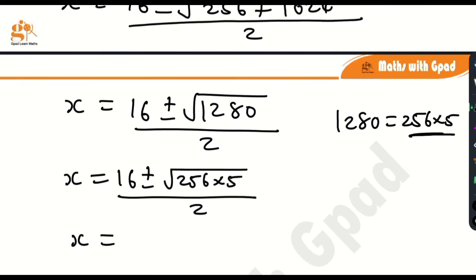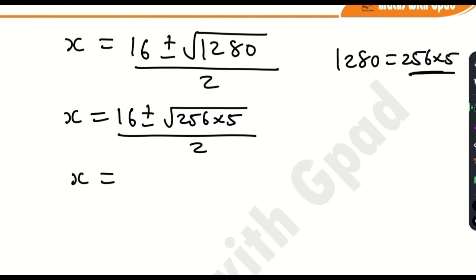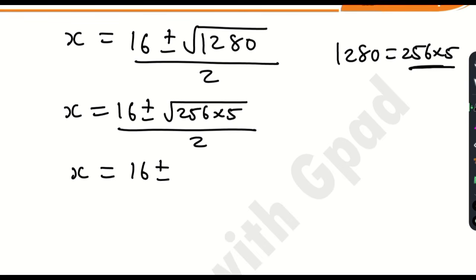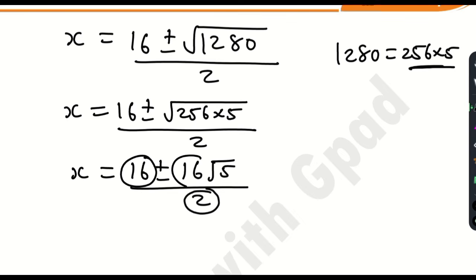So x is equal to 16 plus or minus, what is the square root of 256? That's 16. Then root 5, all divided by 2. This 2 will be used to divide this 16 and this 16 root 5 rather.